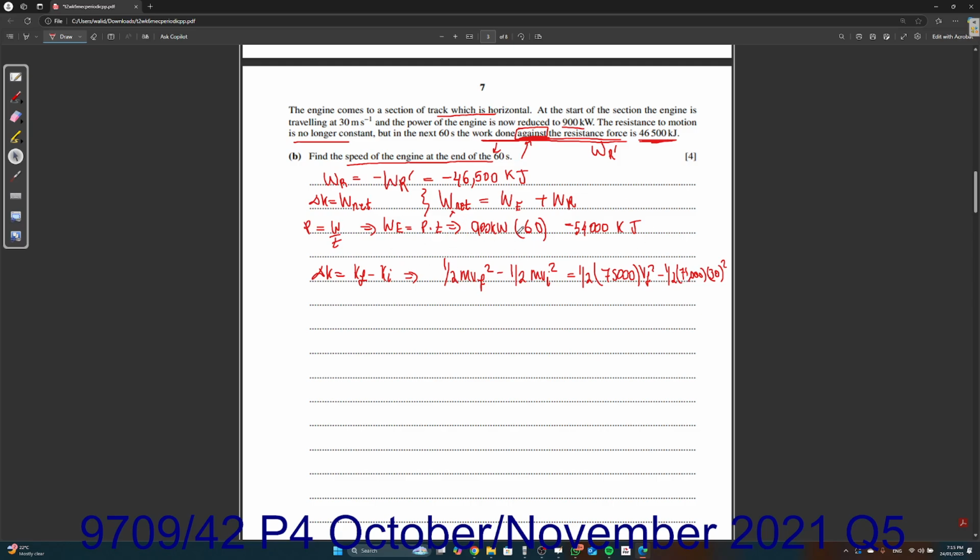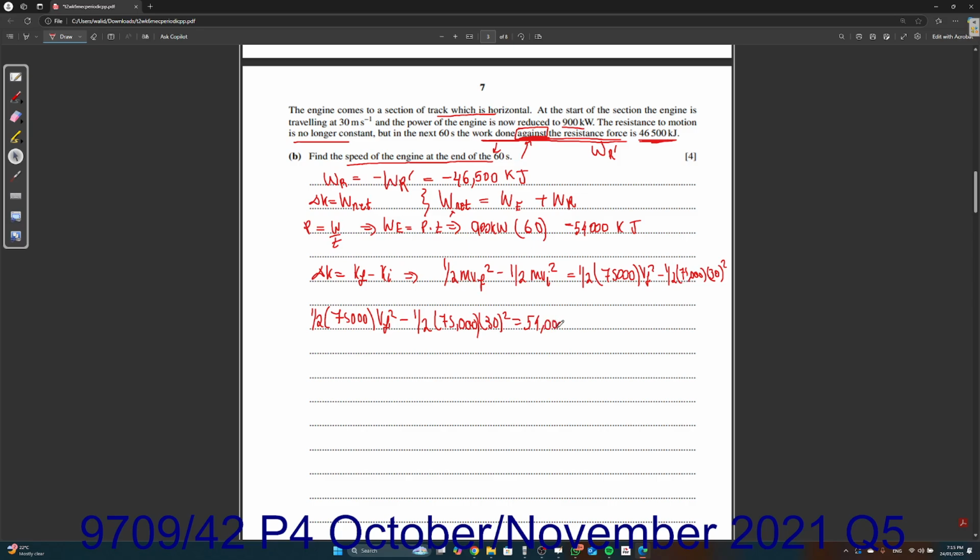So let's reorganize everything. We know W net equals WE plus WR. So half times 75,000 velocity final squared minus half 75,000 times 30 squared is equal to W done by the engine. Remember, you can't keep it in kilojoules, so you're going to multiply by 1,000.